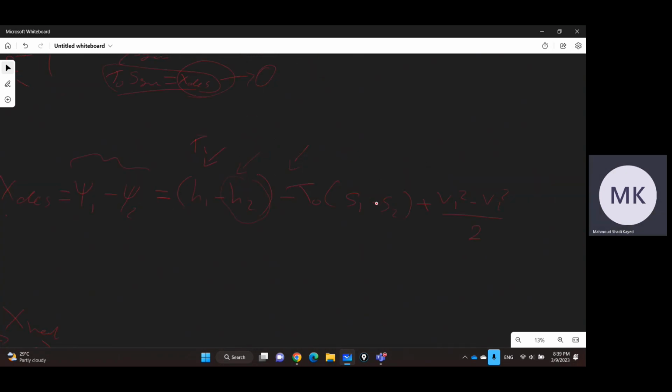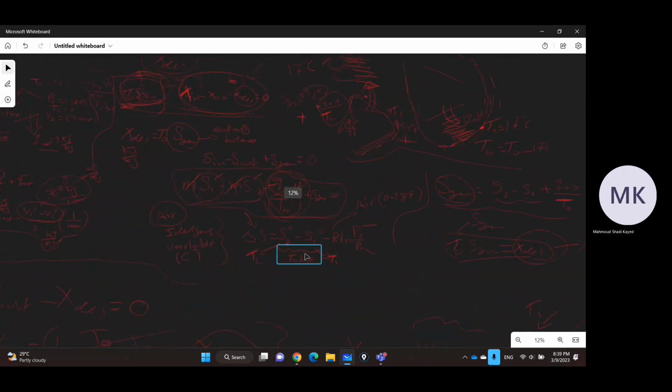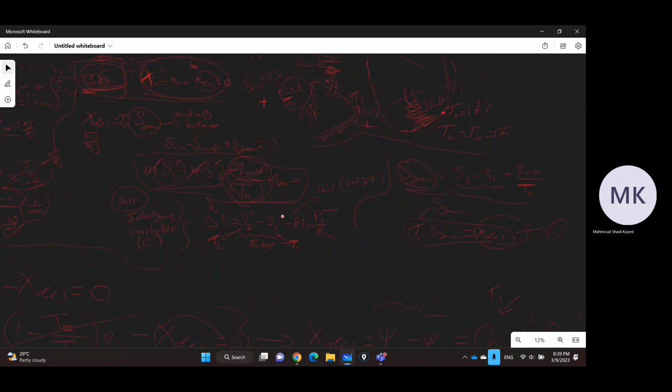S1 minus S naught. Now we found S2 minus S1, not S1 minus S2, from this formula.